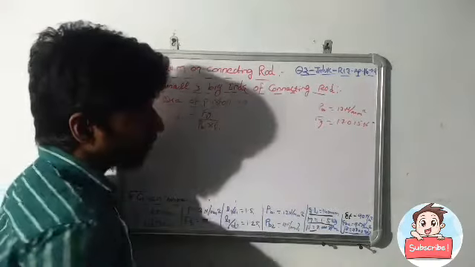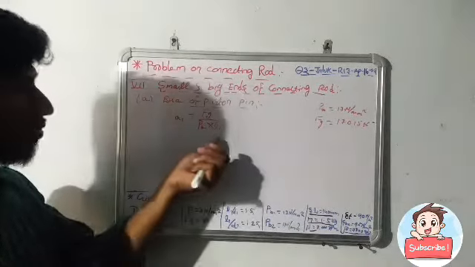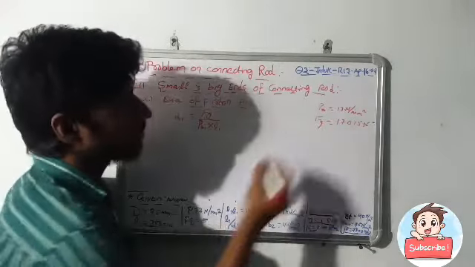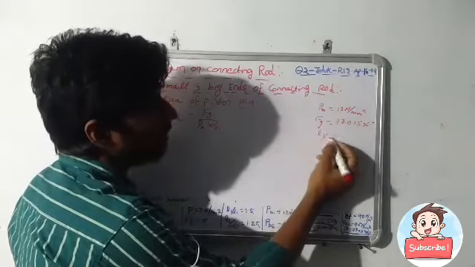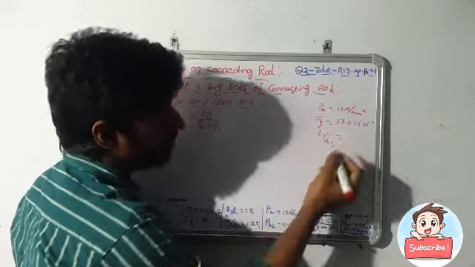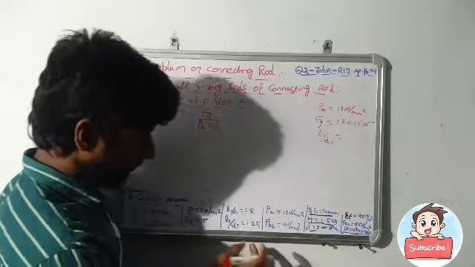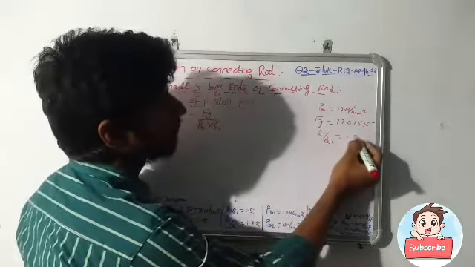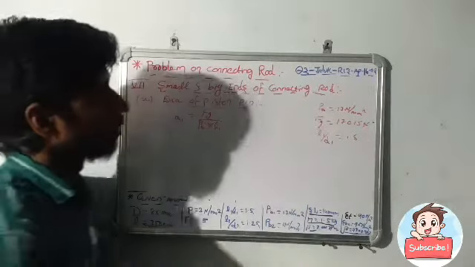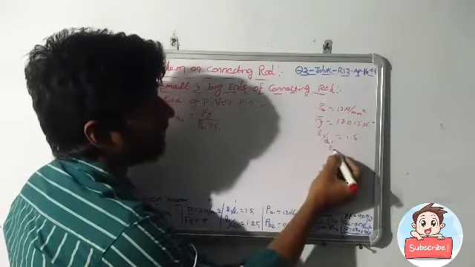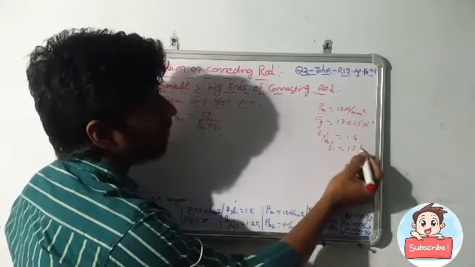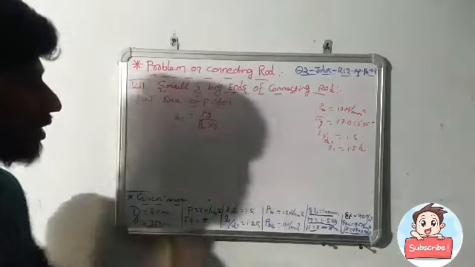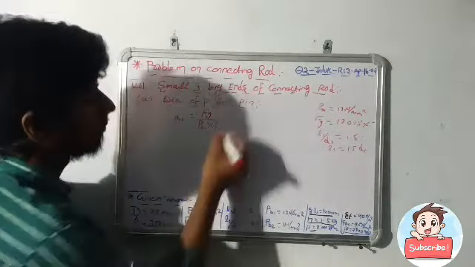And next one, here we need the L1 value. In the given data, the L1 by D1 ratio is given, that is 1.5 for piston pin. So from this, L1 equal to 1.5 D1. Substitute those values here, we get the D1.